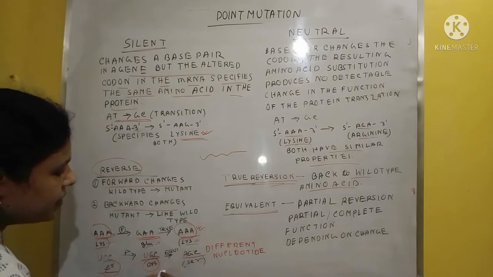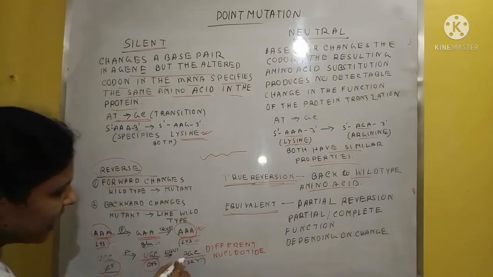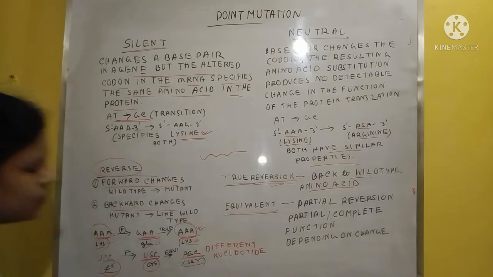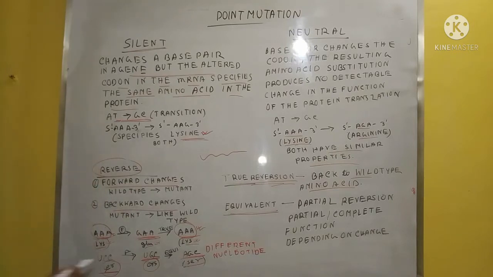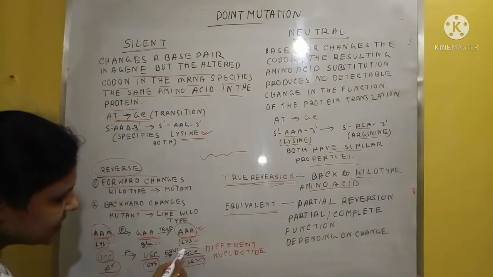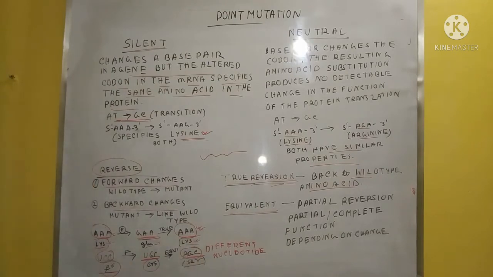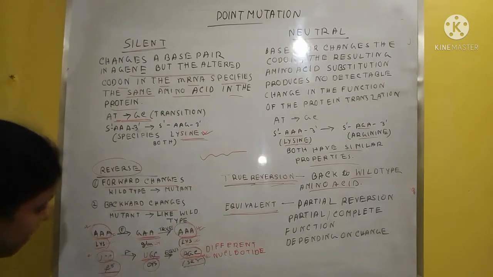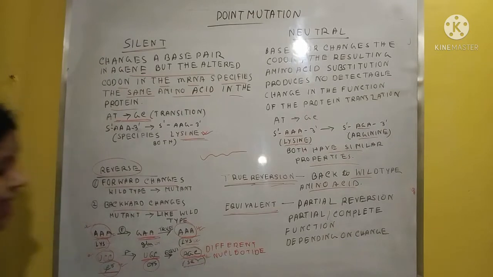And when mutation is seen again, it changes to AGC, which is serine again. So here the first nucleotides are UCC, but after the second mutation AGC is the codon, so the codon is not the same. But both codons recognize serine. So this is the equivalent reversion.